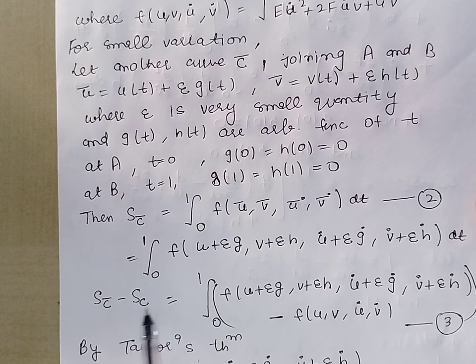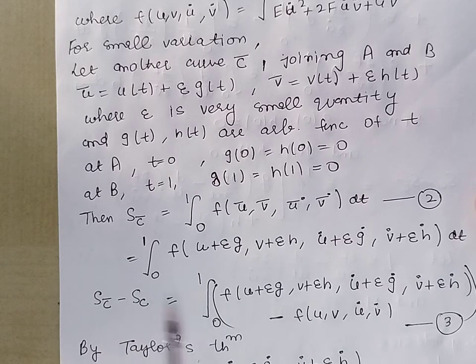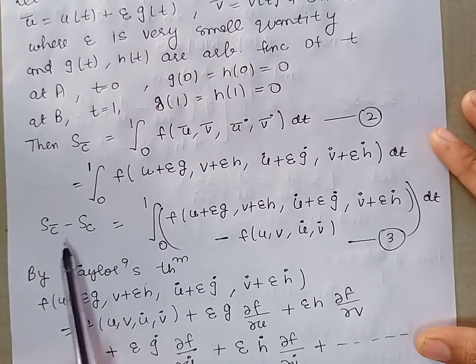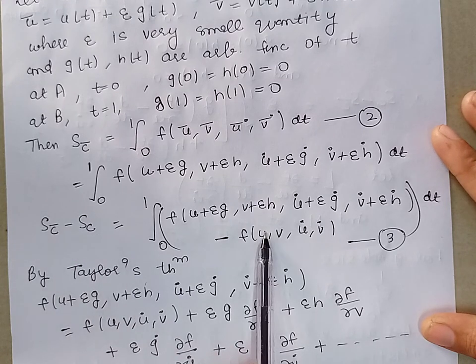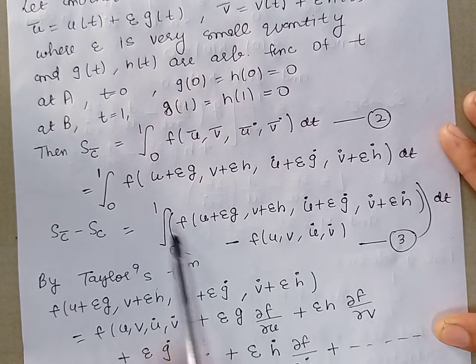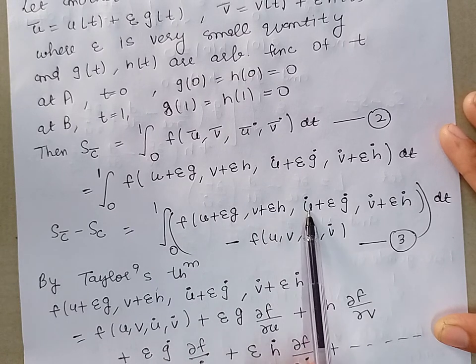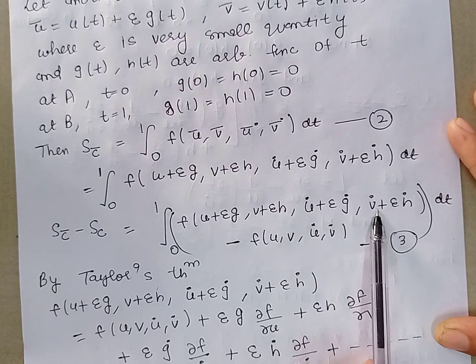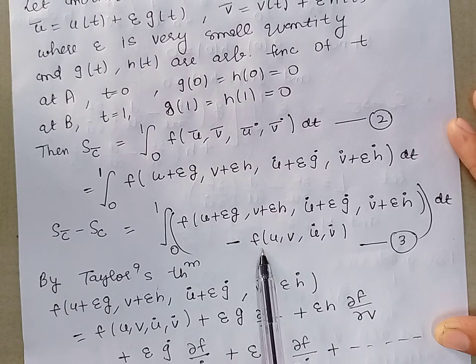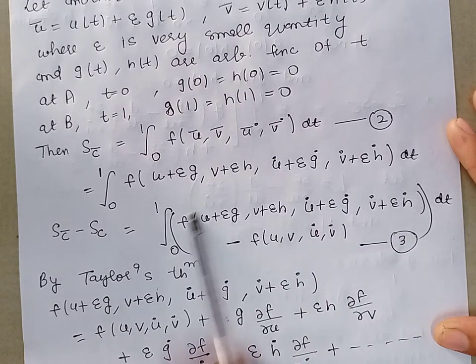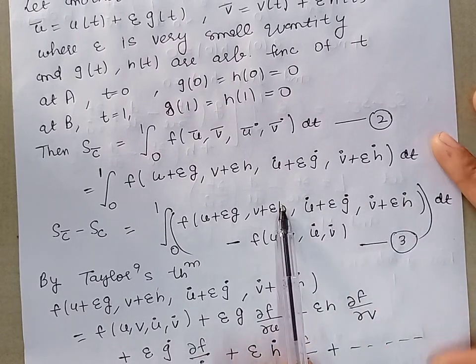So, let us find the difference of the lengths of the curve C bar and the curve C. So, from equations 1 and 2, substituting the values of the lengths of the curve C and curve C bar, this will become integral 0 to 1 function of u plus epsilon g, v plus epsilon h, u dot plus epsilon g dot, v dot plus epsilon h dot, minus function of u, v, u dot, v dot. Now the value of this expression we can find by using Taylor's theorem.